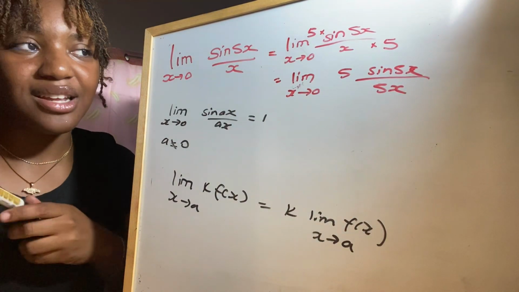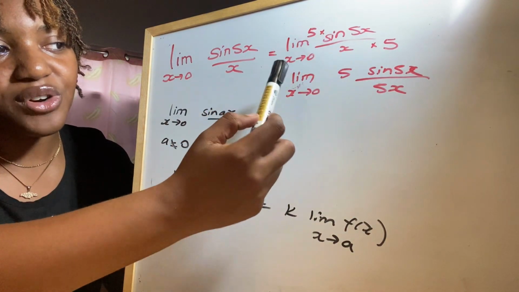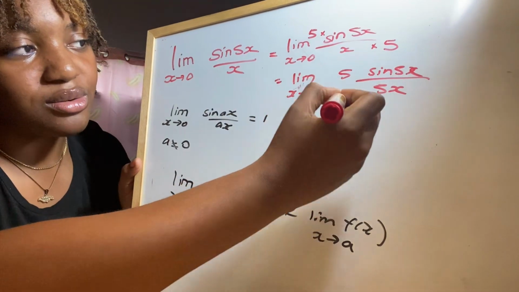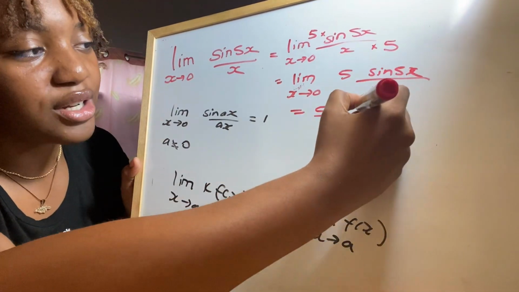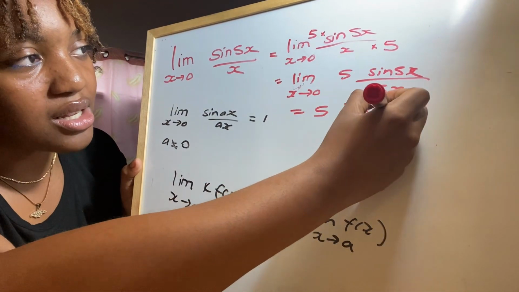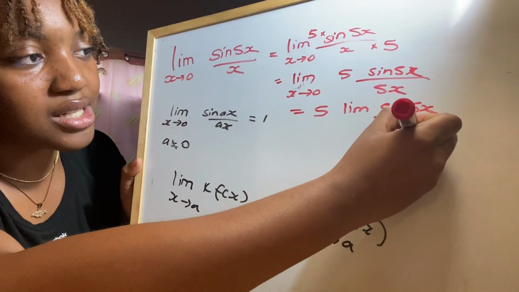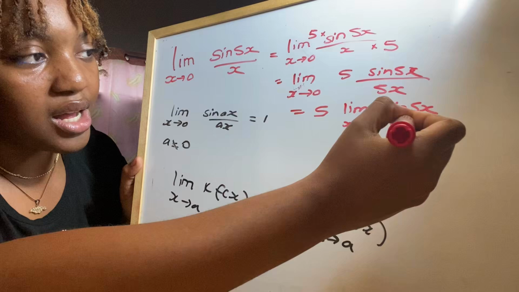So that being said, we can simply bring the 5 in front of the limit. We have 5 times the limit of sine 5x over 5x, and put that back.